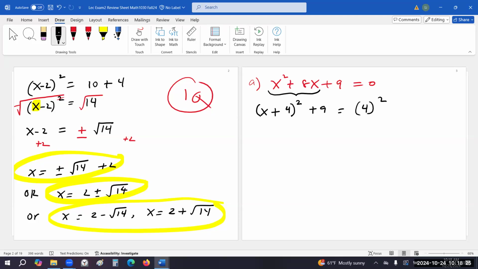If you put it on the same side, then you have to subtract instead of add. So if you're wondering what I did, I simply did this, x plus b over 2 square, b over 2 square, and we had our constant here, c.